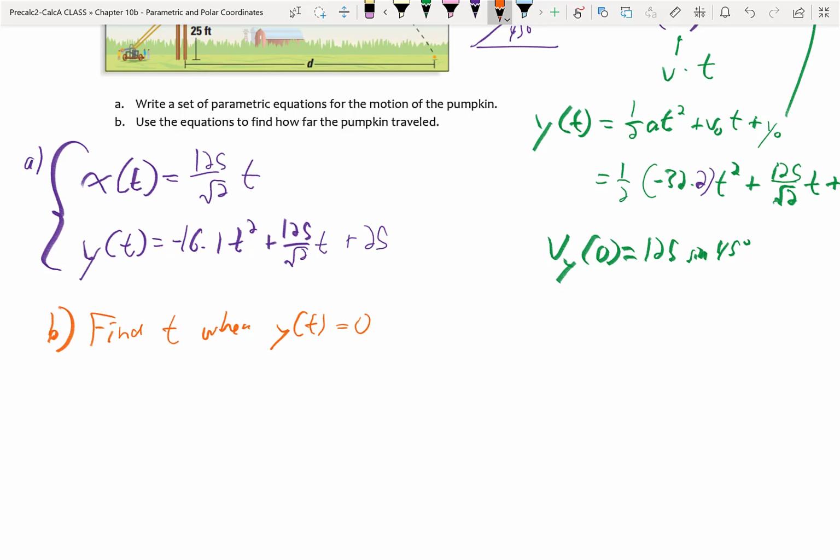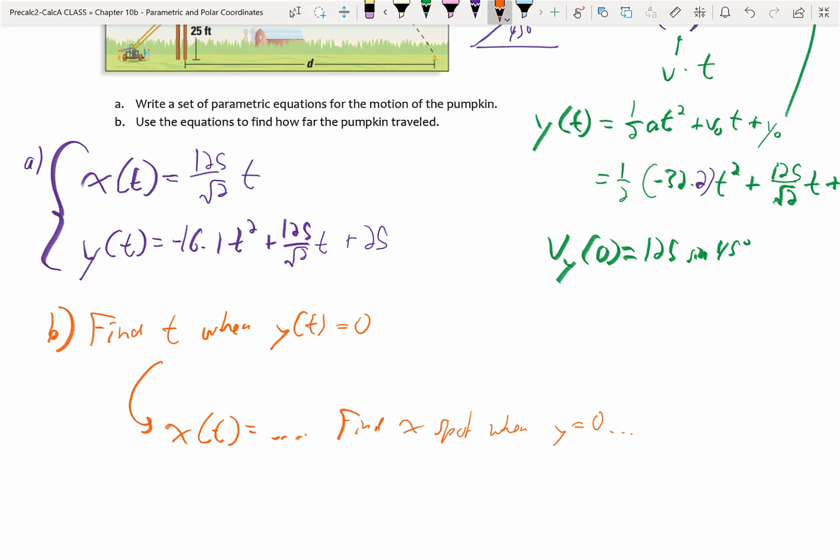Then once I would get that, what would I want to take that and find? I'd find t when y is 0. Then what would I do with that t value? Yeah, plug it into x of t and get something. So I can find the x spot when y was equal to 0.